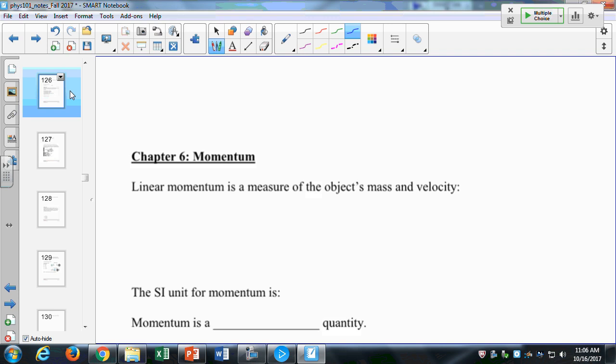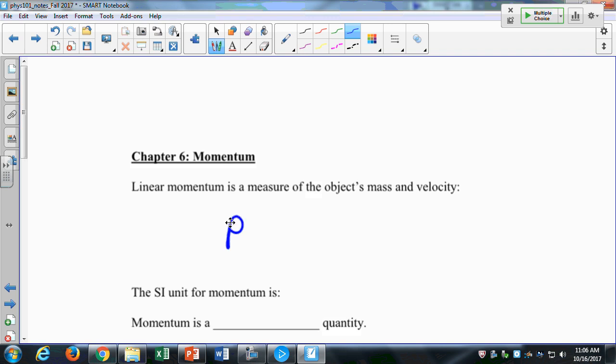So first of all, we just want to define linear momentum. Linear momentum, we're going to use lowercase p, and it's equal to the mass times the velocity. It is a vector quantity, but you'll see that it's a little easier to deal with than the other vector quantities that we've used. I can calculate the momentum: if I have an object with a certain mass and a certain velocity in that direction, it's just the product of those two.